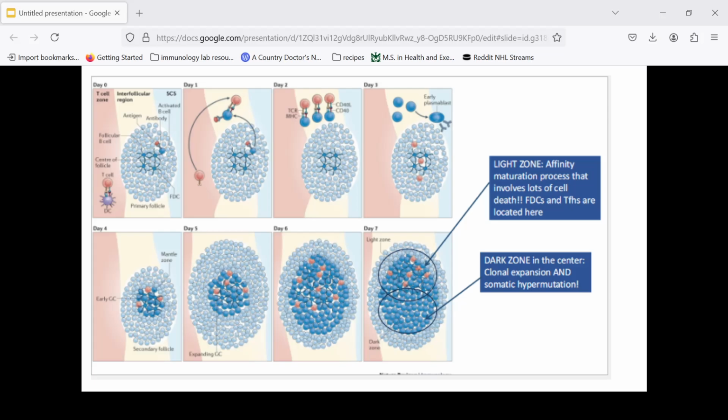Do we have any specific questions about germinal centers? That was a real brief overview. I'm gonna be less specific about this than I am about most things because I don't remember it as well.